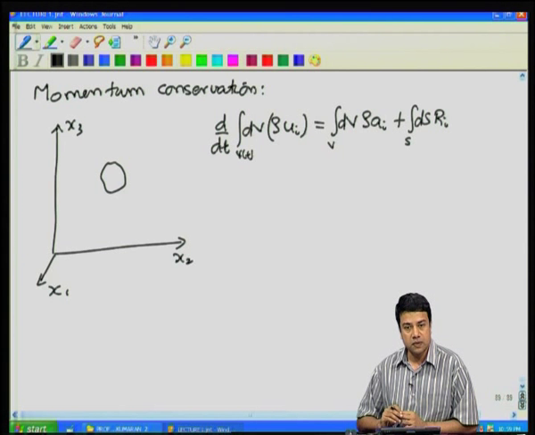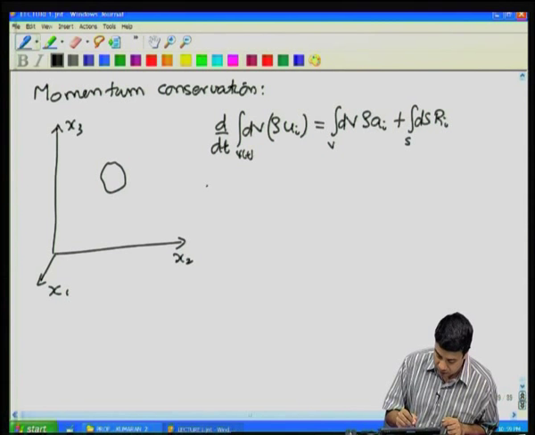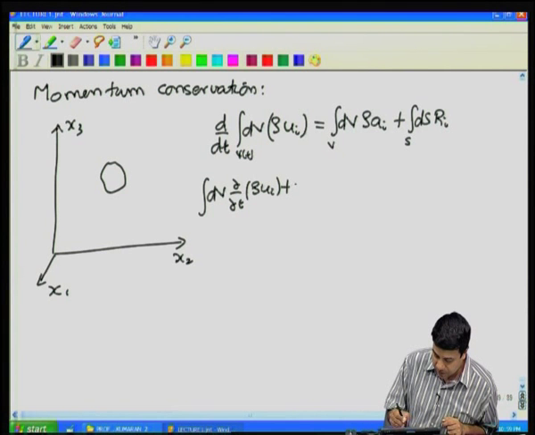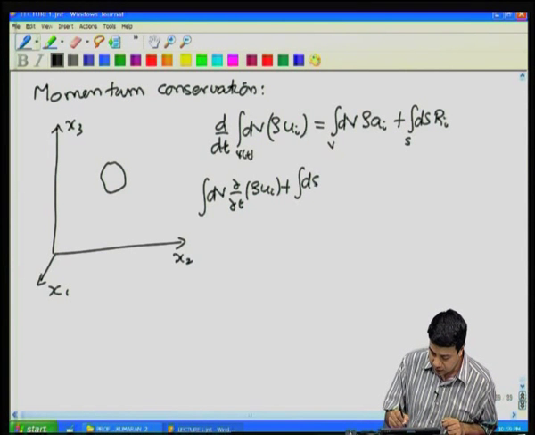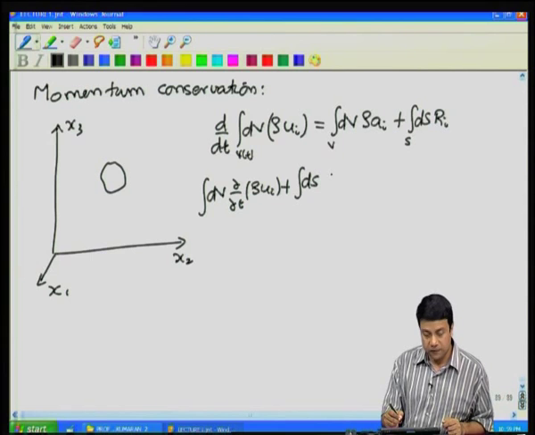Now, you can apply the Leibnitz rule for the left hand side as usual, and what you get is integral dV of partial by partial t of rho u_i, plus integral dS of (u dot n) times rho u_i. I have already used index i for the vector momentum.